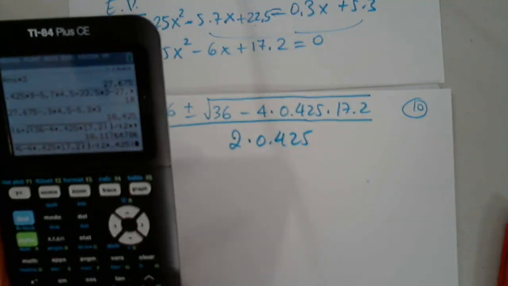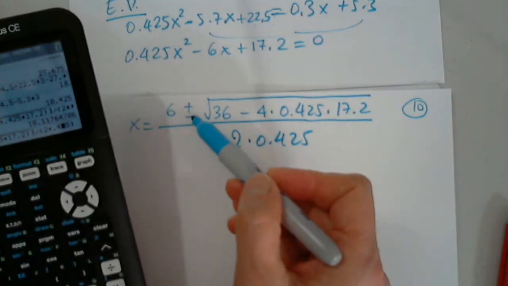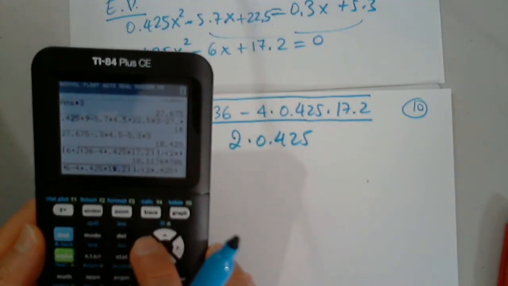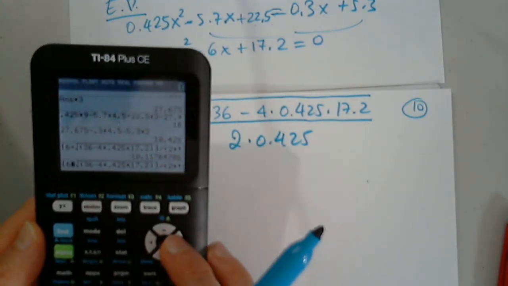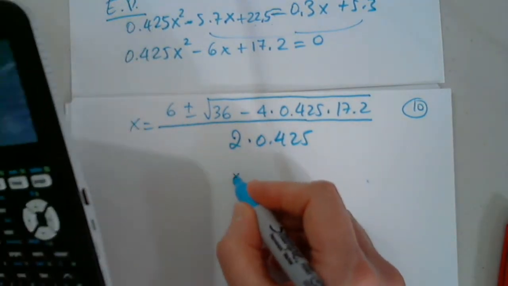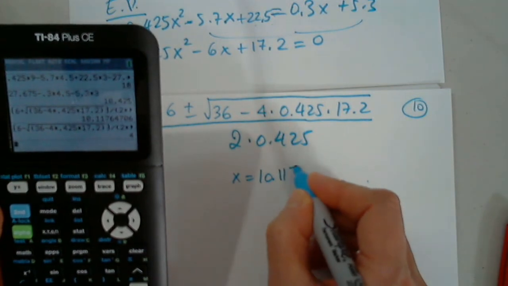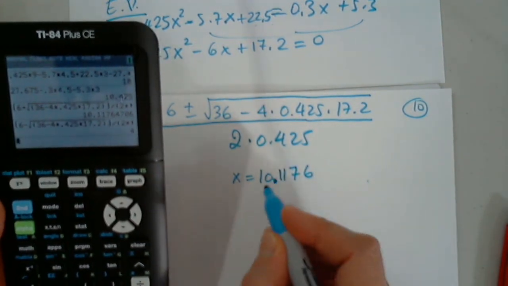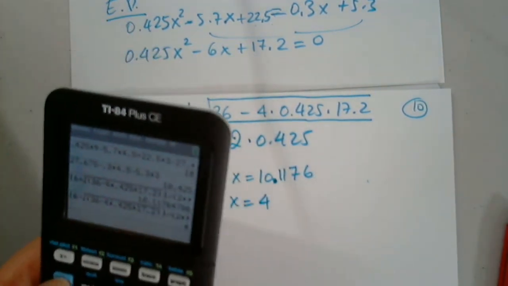And then I repeat, changing this symbol to minus, overriding it right here. So I got one x is 10.1176 and the other one is 4.